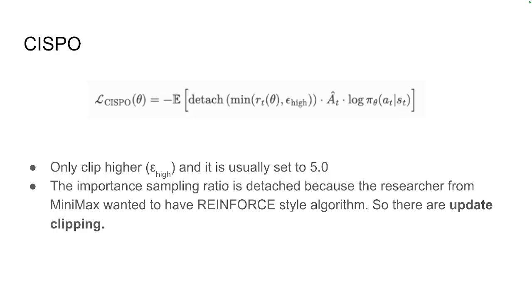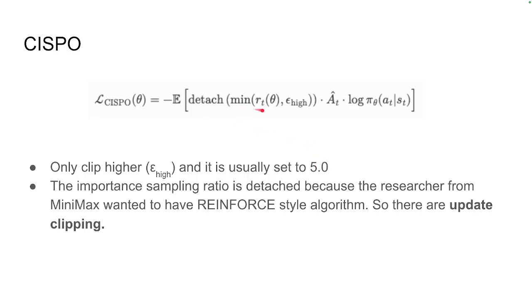So we need to use higher clipping, on the upper range, so that we can increase the probability of these low probability tokens. And another thing to notice in the CISPO paper from MiniMax is the detach. In GRPO, we take this mean of r_t(theta), which is the importance sampling ratio, multiply by the advantage, and then use it for gradient calculation.